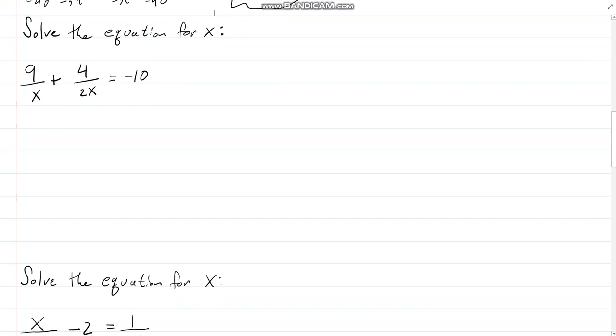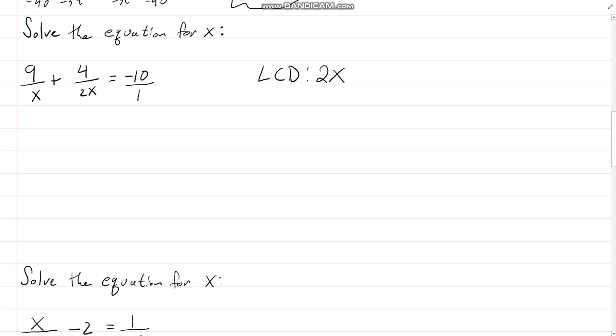Now, let's try this one. We want to solve for x, and what would the LCD be? For this problem, I have x, 2x, and there's kind of a silent 1 right there. So I would argue that the LCD is 2x. What does this x need?